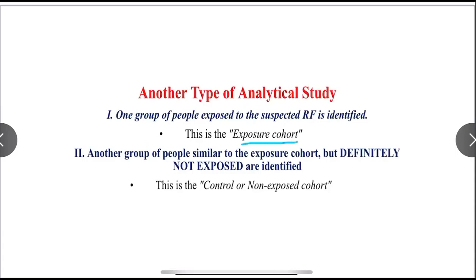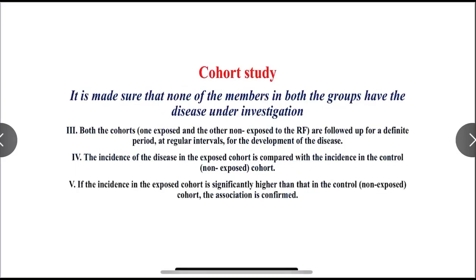Another group of people similar to the exposure cohort, but they are not exposed to any suspected risk factor, is called the control or non-exposed cohort. So two groups, guys: one exposure cohort, another control or non-exposed cohort.